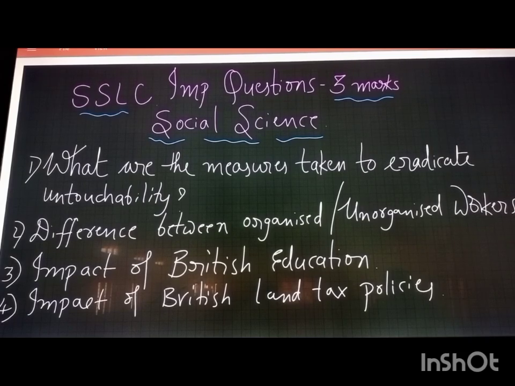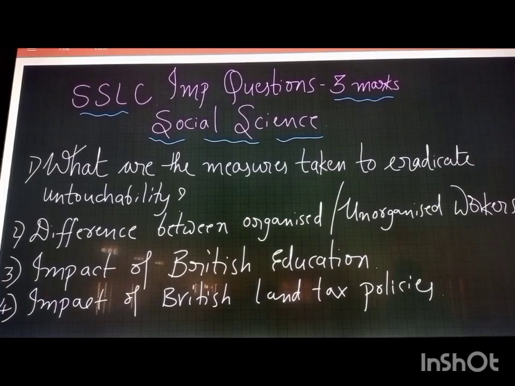And the second question is, what is the difference between organized and unorganized workers? Out of these two, one question is sure. Definitely one of them will come for the exams. So let us discuss these questions.